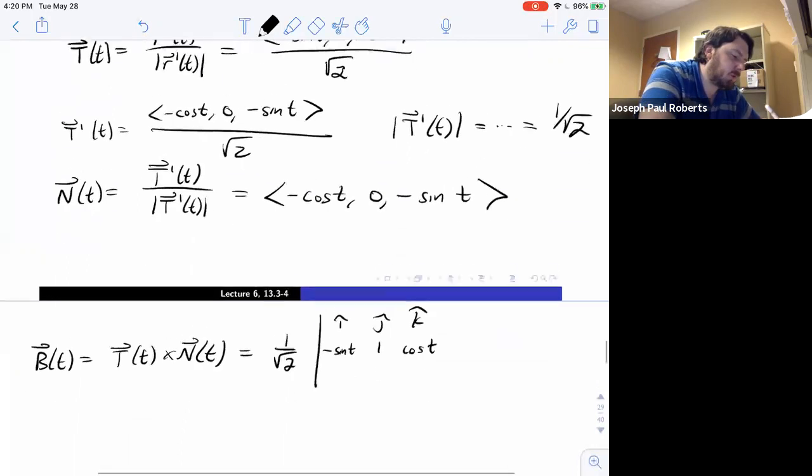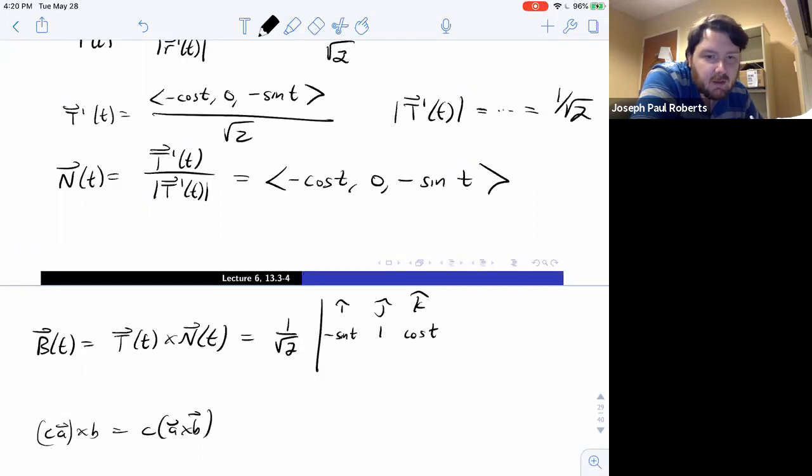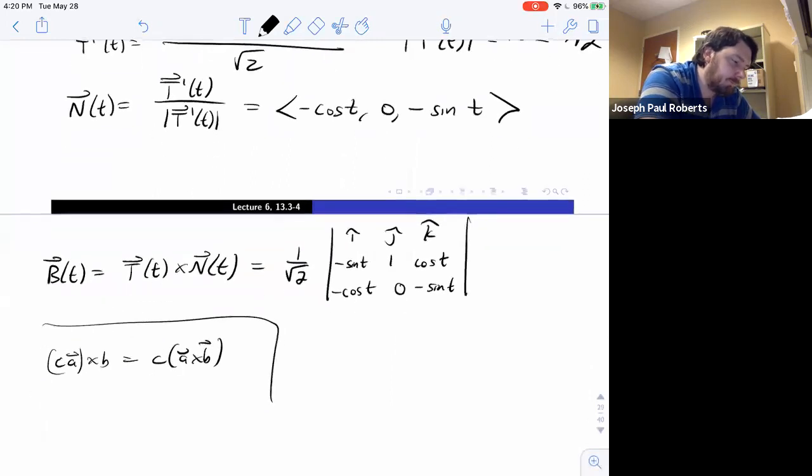So remember, one of those properties of the cross product is that cA cross B is c times A cross B. You might not have thought much of that when we talked about it, but effectively what that allows me to do is write that 1 over root 2 out front, as opposed to having to put it in the denominator of all 3 of those components. I'm lazy, that's annoying. This is a cleaner way of writing it.